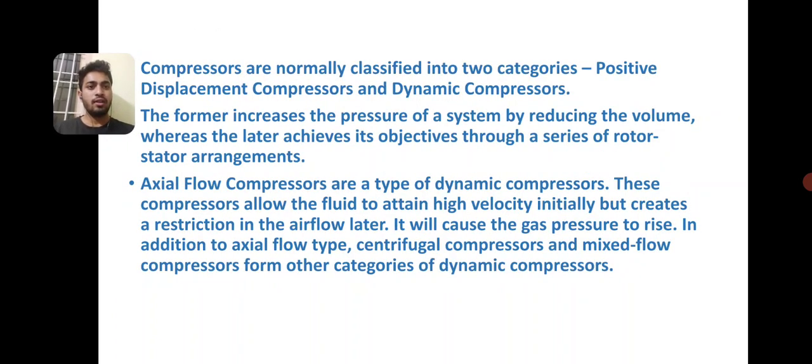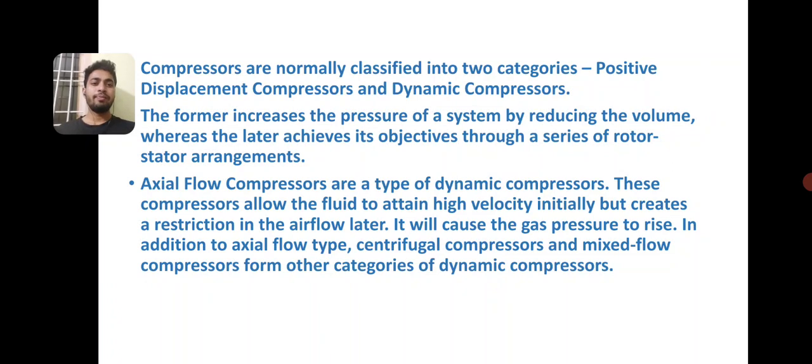Compressors are normally classified into two categories: positive displacement compressors and dynamic compressors. The former increases the pressure of a system by reducing the volume, whereas the latter achieves its objectives through a series of rotor-stator arrangements.